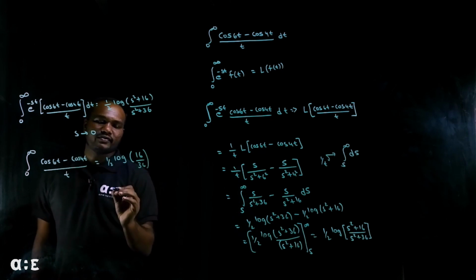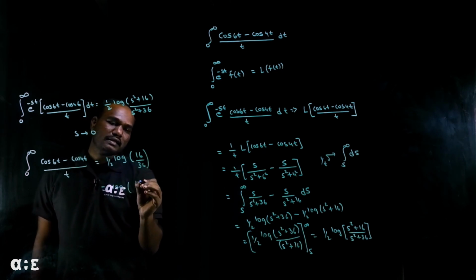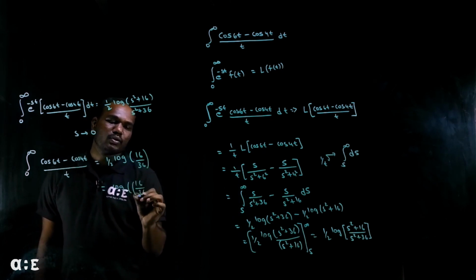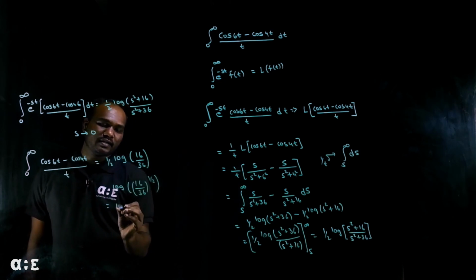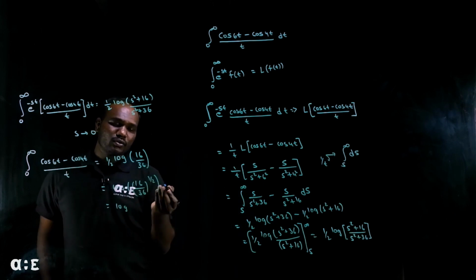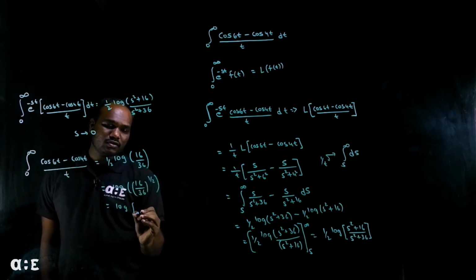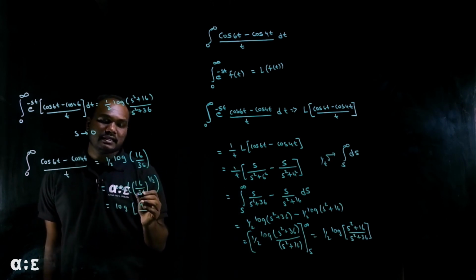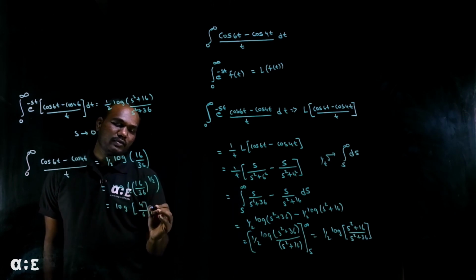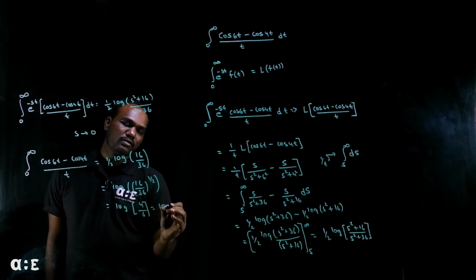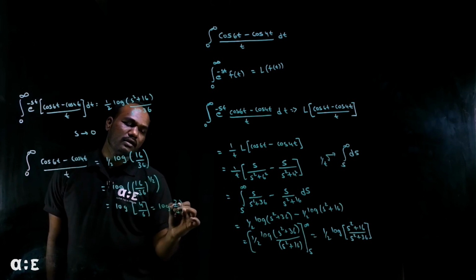So I can send half to the power: log of 16 by 36 whole power 1 by 2, which is the root. The root of 16 is 4, upon the root of 36, which is 6. And we can also write this as log 2 over 3.